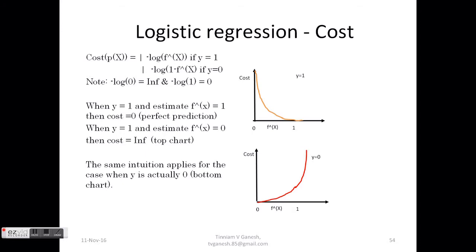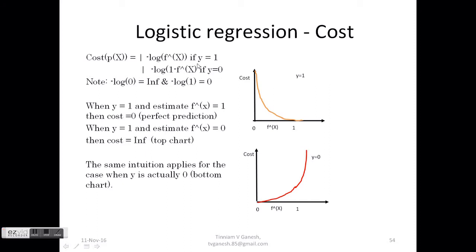In the previous case, we assumed the cost was the difference between our actual data and our estimated data, the sum of the squares of the distances. Here we assume this cost to be of the form minus log of the estimated function if y is equal to 1, and minus log of 1 minus the estimated function if y is equal to 0.